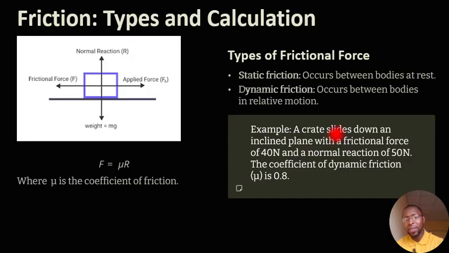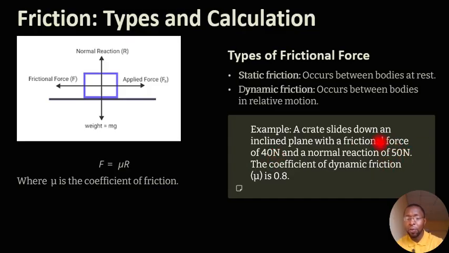A crate slides down an inclined plane with a frictional force of 40 Newton, that's our F, and a normal reaction of 50 Newton, that's our R. So the coefficient of dynamic friction is what? Is 0.8. That is, just divide 40 by 50.